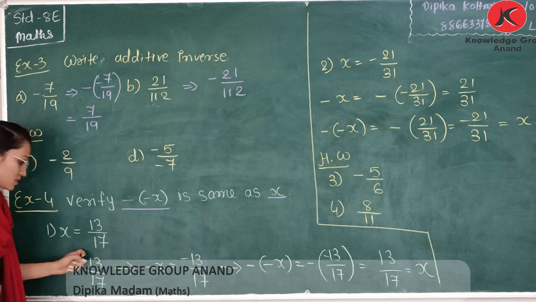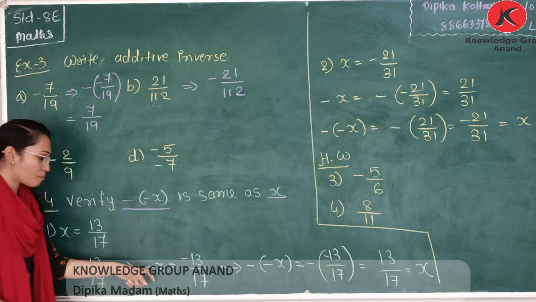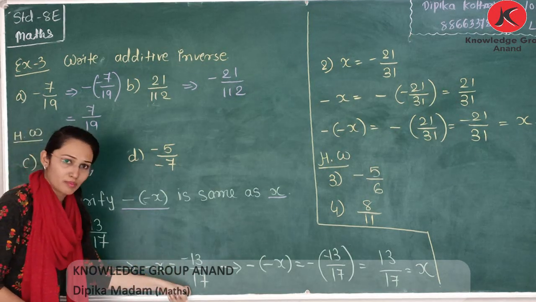That's why x is 13 by 17, so minus x becomes minus 13 by 17.